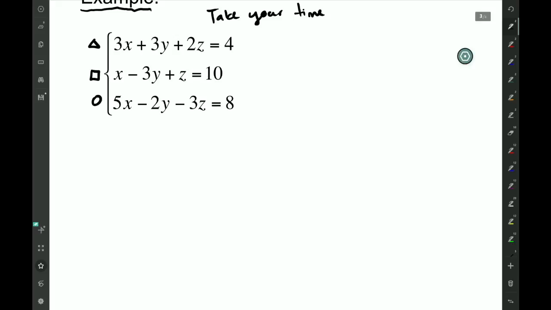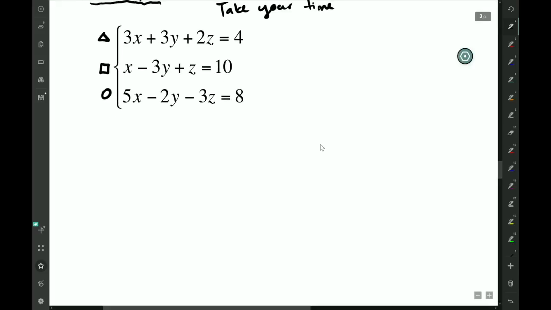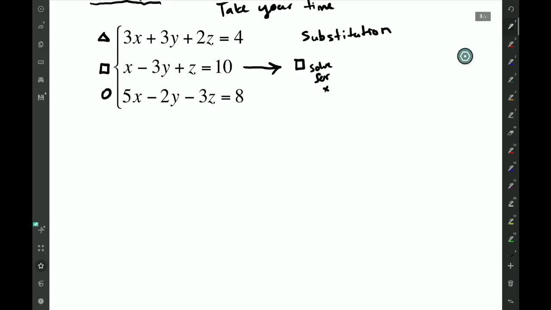So the first step is we can use substitution. Okay, and there are different ways, but I like to start with substitution. So let's just take square, and I'm going to solve for x. You could really choose any variable you want. You could solve for z, but I'm going to solve for x.